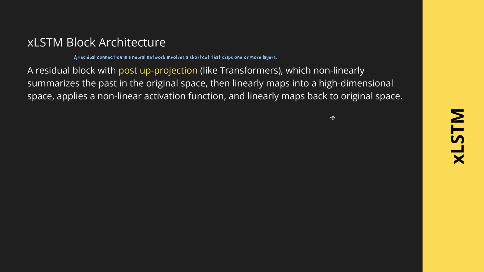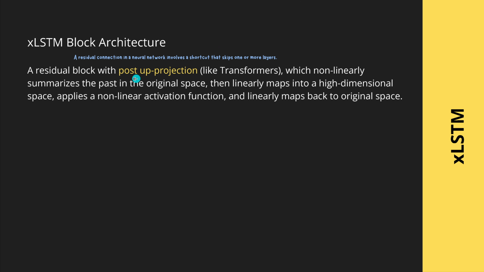If we build now our architecture, we have, of course, an extended LSTM block architecture, a residual block. A residual connection, remember, is a neural network that involves a shortcut that skips one or more layers. And we can have two forms of the projection.